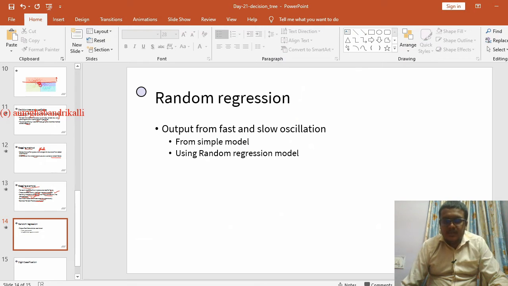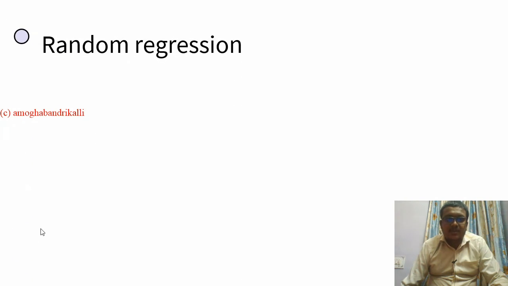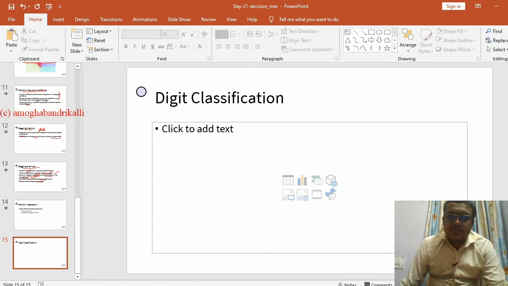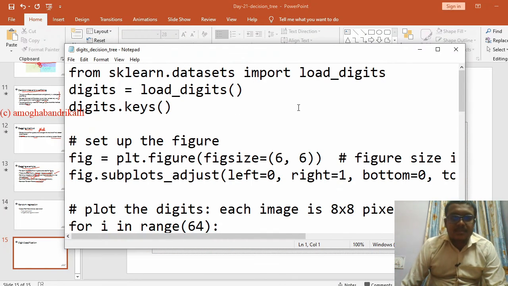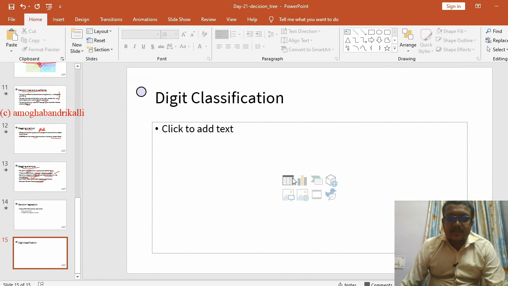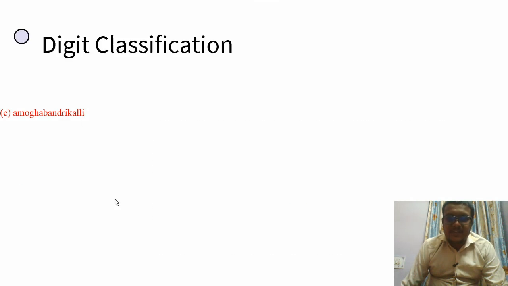Next we have a real-time example, that is digit classification, which we saw with K-means, but this is another version with random forest. Let me explain what digit classification is. As we know, this is a voting machine.